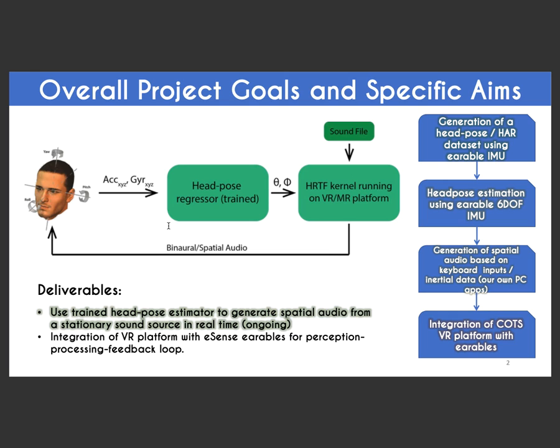Suppose there is a static sound source, for example, there, in the virtual world. And suppose you move your head like this, then the head-related transfer function will be able to detect your azimuth and elevation, and it will in turn give you the binaural spatial audio. So you are creating synthetic audio sources within Unity then? Yep, that's right. Okay, great.